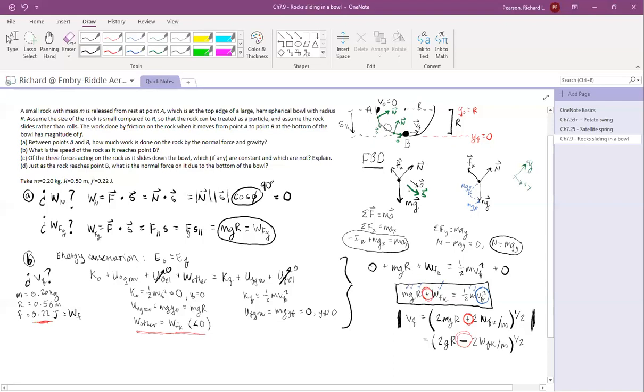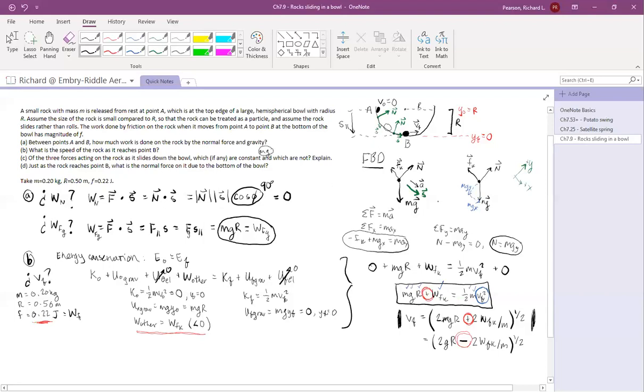It doesn't matter where the rock is at point A or point B, mg, the force, is the same. It's not changing direction. It's always down, and it's always the same value. That height difference doesn't matter in this case, okay? And so that force is constant. So we'll say that mg is one of our constant ones.